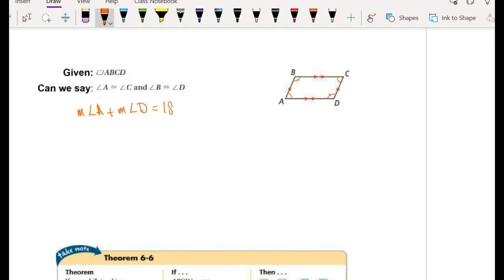Well, that equals 180, right? What happens when we add the measure of angle D plus the measure of angle C? Well, that equals 180 also. So can we make any conclusions about the measure of angle A and angle C? Well, we can say that the measure of angle A is congruent to the measure of angle C.